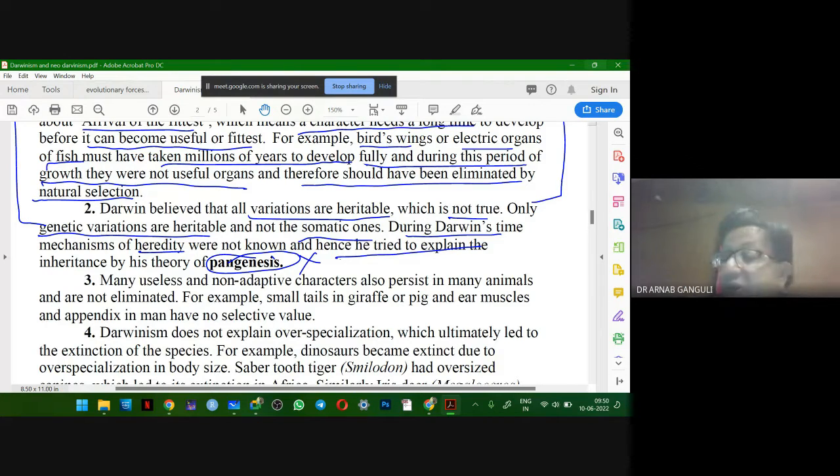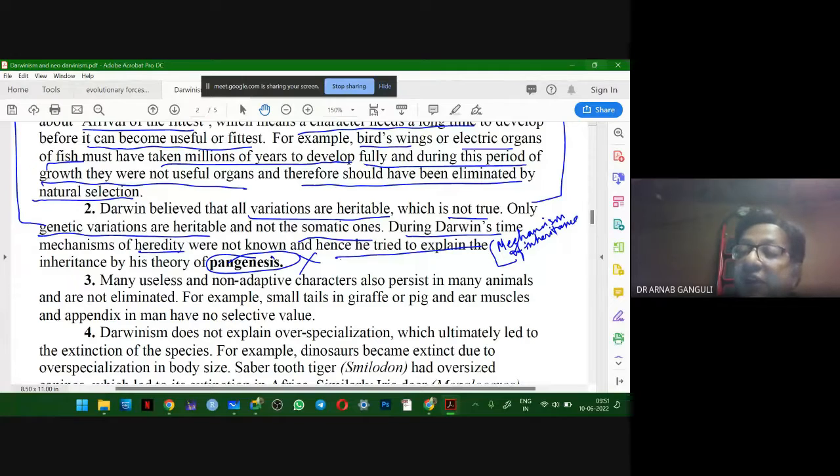Actually, I would consider this as Darwin not knowing the mechanism of inheritance, right? He did not know how. He said that it was heritable, but how? What was inherited from parents to other generations? He did not know it.